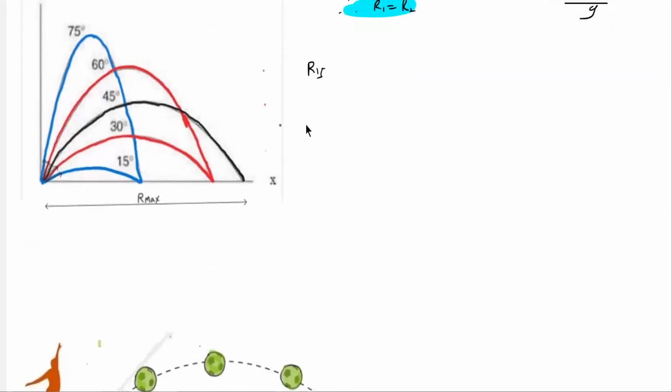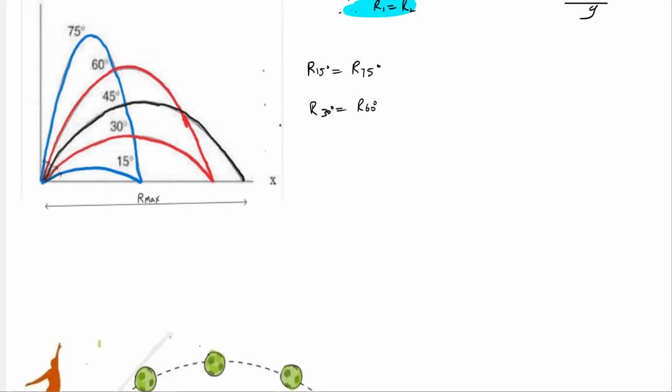The range for 15 degrees will be equal to that of 75 degrees. And similarly, the range for 30 degrees will become equal to that of 60 degrees, because these angles are complementary angles. The range will be equal.